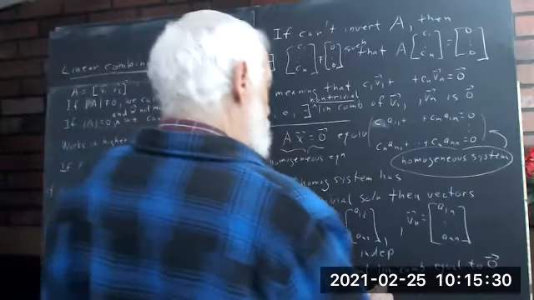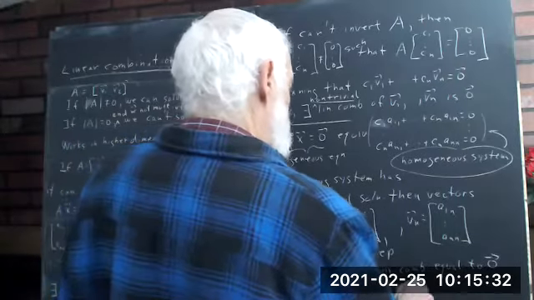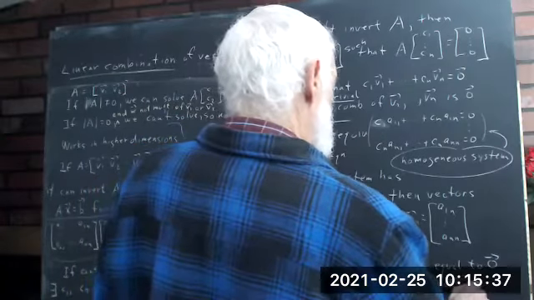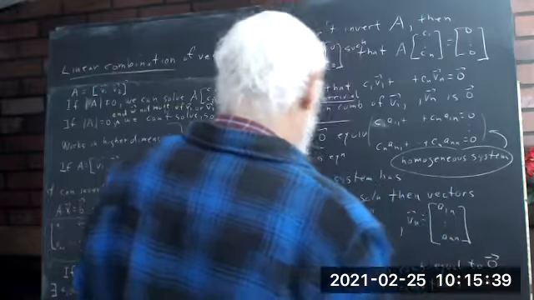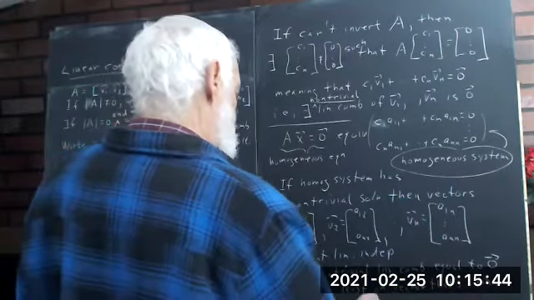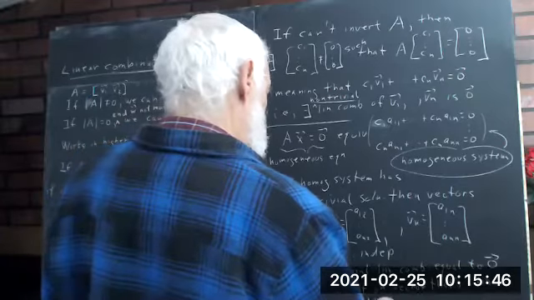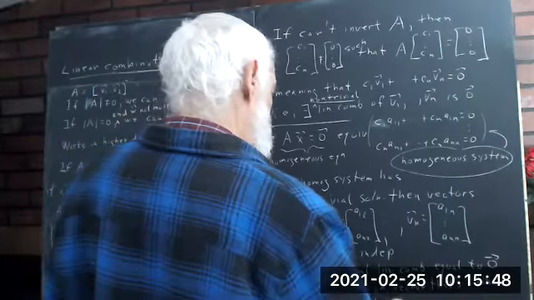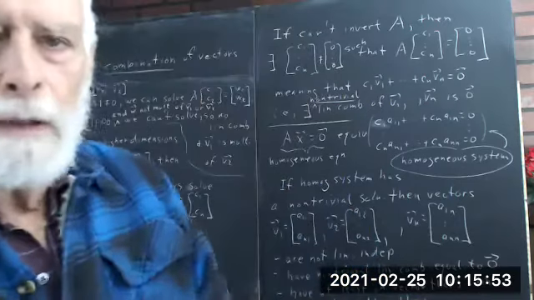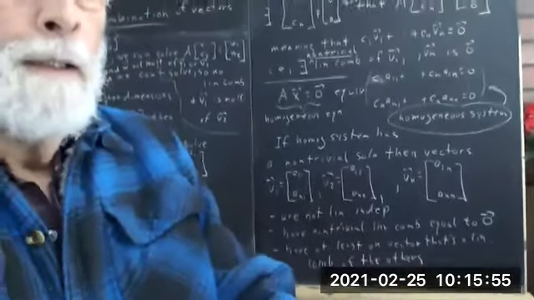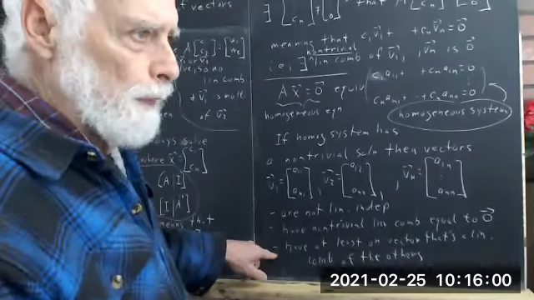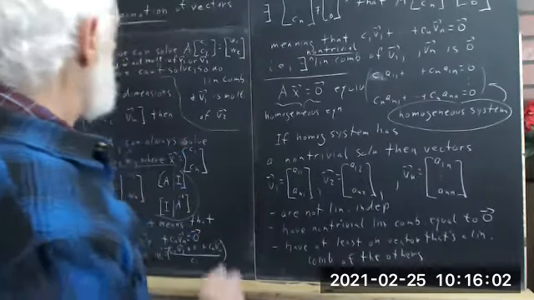They have at least one vector that's a linear combination of the others. And you can't read that last little bit. Okay, these are all equivalent conditions.